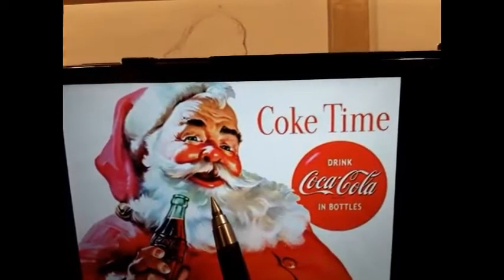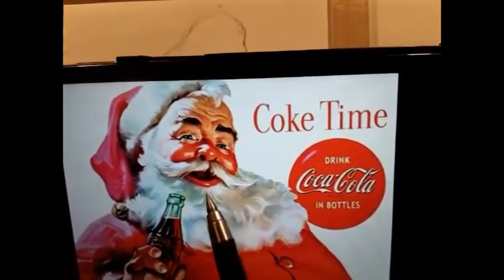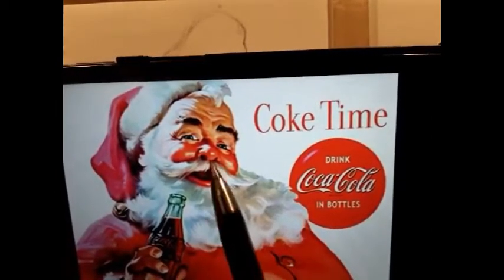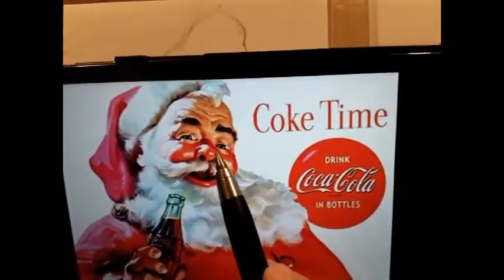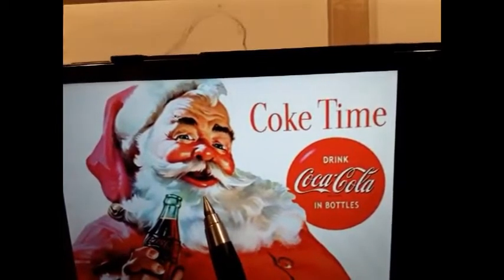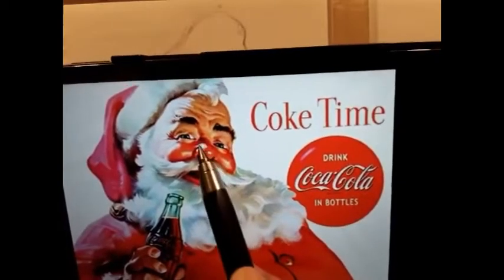So I'd say halfway up from the top of his head to that horizontal line here is this highlight on his nose. I'd say that's about halfway. So once I do that, I make this measurement.